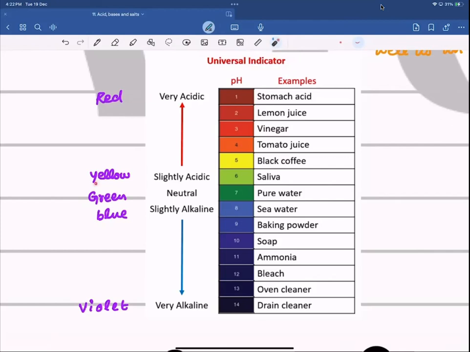If the color turns yellow, then it's a weak acid. If the color turns green, then it's neutral. If the color turns blue, then it's slightly basic. And if the color turns violet, then it's a strong base. Is it clear now? Yes, sir. Okay. Yes, noted.